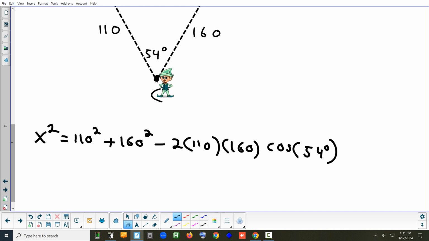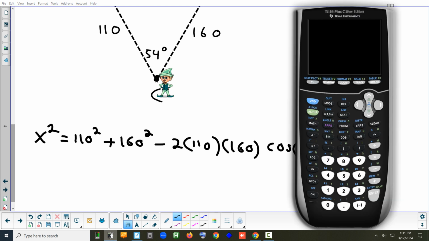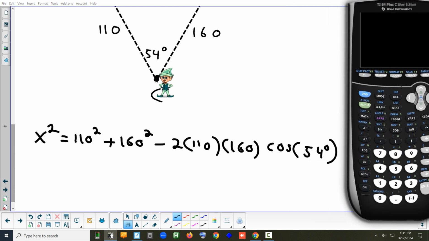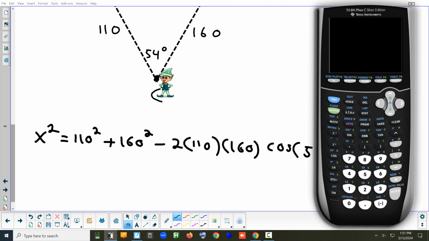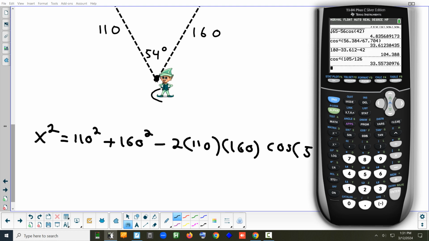Now it's just a matter of typing that all in and seeing what you get. What do you have to do to get x by itself? It's going to be the square root of everything we just wrote down. 110 squared plus 160 squared. The calculator will handle order of operations okay there.